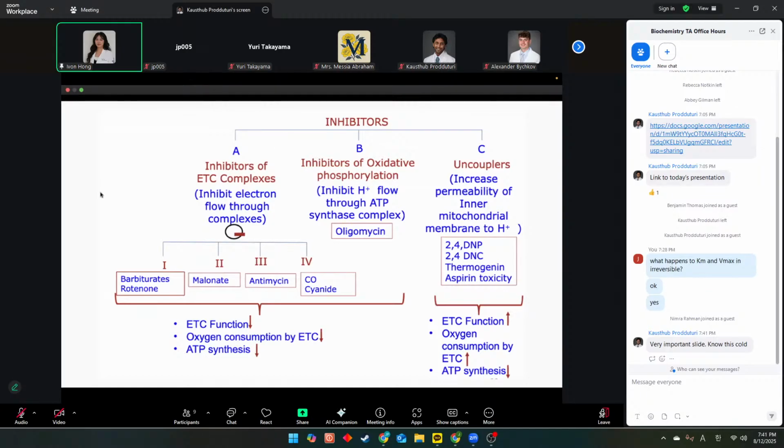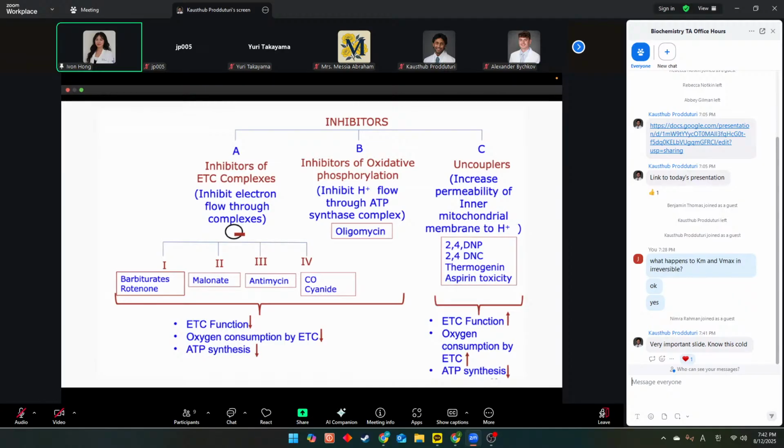So you need to know that because we're losing that gradient, all the protons just keep leaking out. In this process, the electron transport chain keeps going, which is why there's an increase in ETC function. It keeps going through 1, 2, 3, and 4, keeps shunting the oxygen, and keeps trying to do the proton pumping.